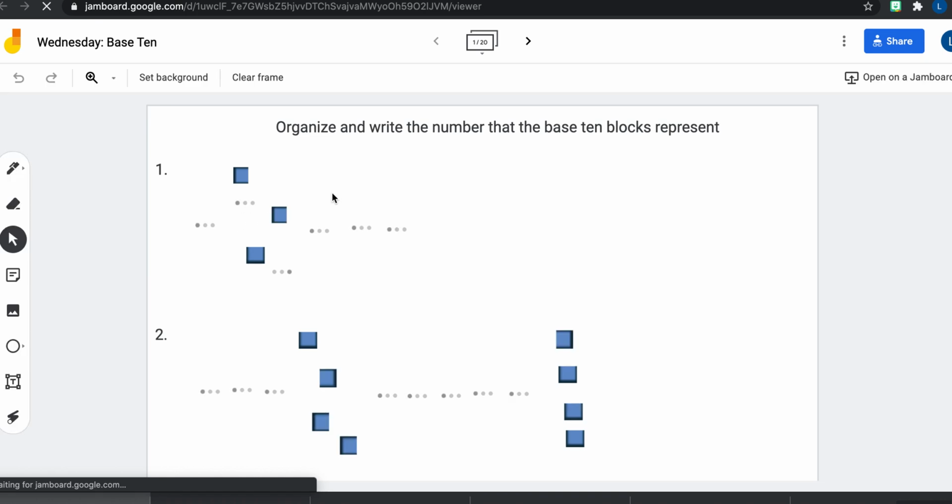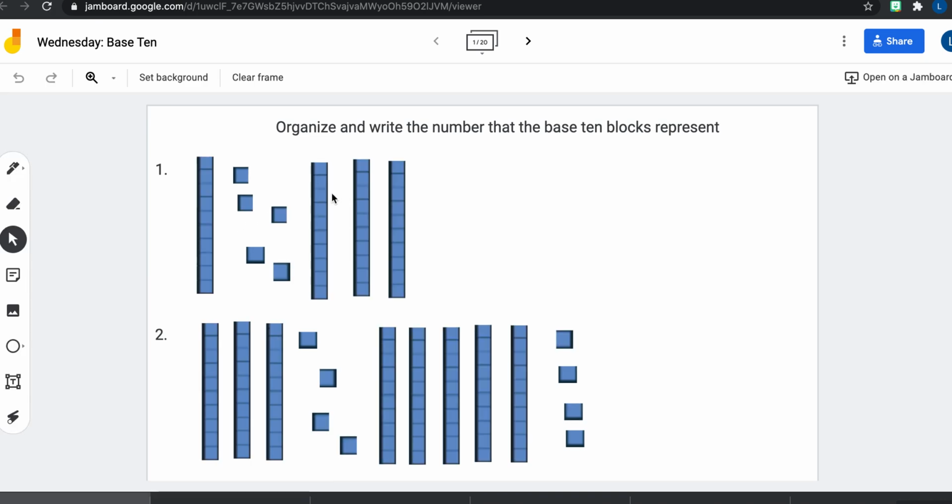And what you're going to do, you're going to have to put them in order first. Remember, because we got some grouping here, so we got to put all those together. And then you're going to put the number of what this equals. Using write the number that the base 10 blocks represent. Meaning, what does it show? This is showing us a number. So make sure you put your number just on this side. So that is what you are doing.